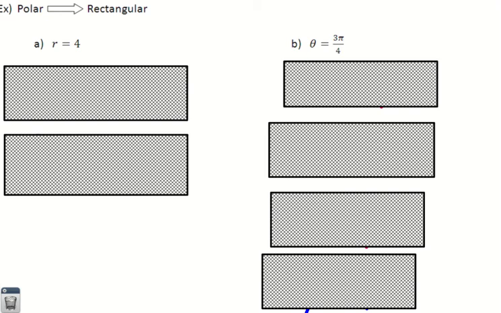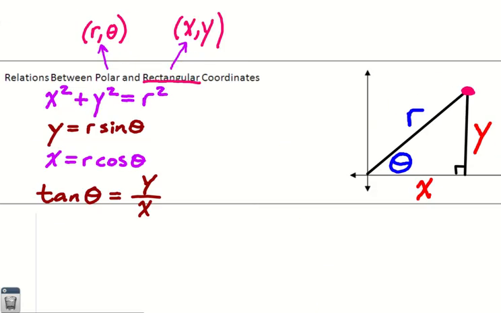But let's move on to the other direction, which is, what if we had a polar equation that we wanted to change into rectangular? Man, so how do we take an r and change it into x and or y? So look back at these gimmicks right here.